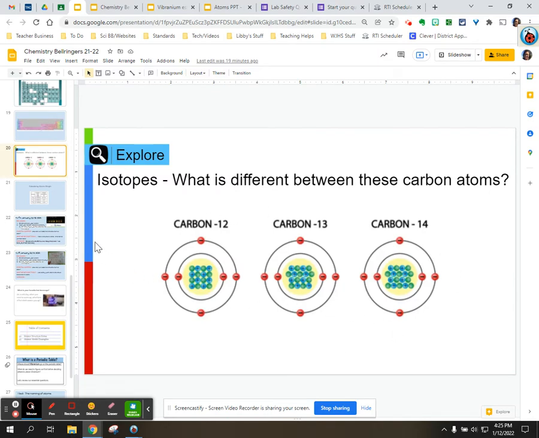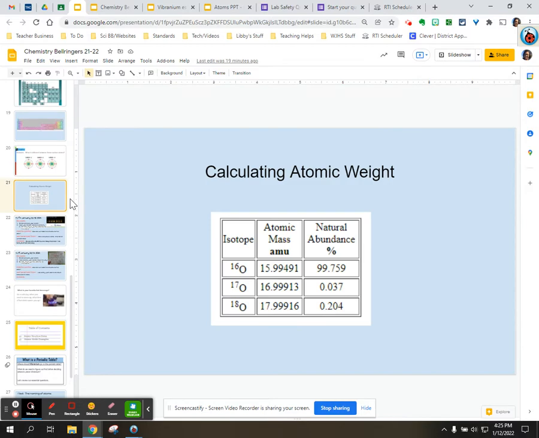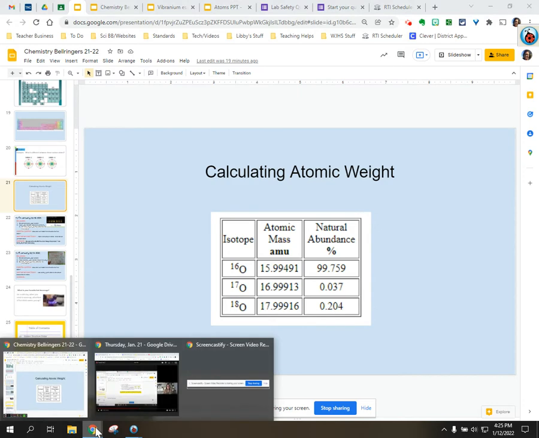To find the actual atomic mass, they look at all the different isotopes found in nature and find the average of that mass based on a weighted abundance in nature. Don't let this confuse you, but I wanted you to have the explanation.